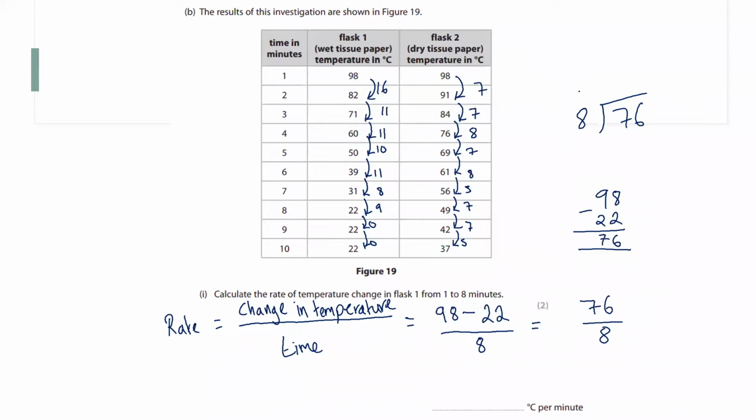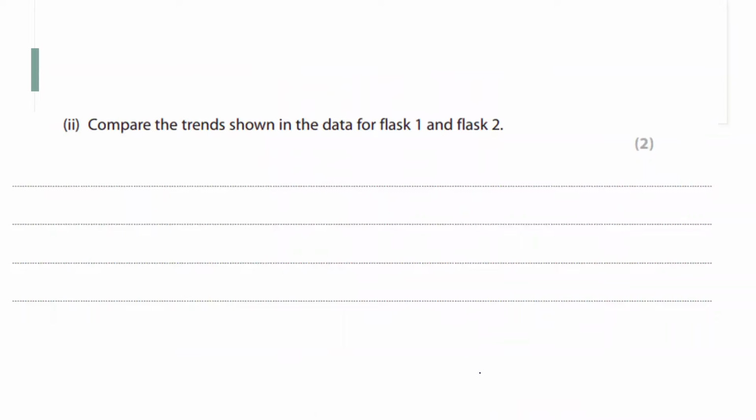Okay, because in the exam we also had a calculator. Yeah, don't worry about sort of mental maths and things like that. 9.5. Yeah, I thought it would be a decimal point by looking at that. So 9.5 degrees Celsius per minute. See, this is why we labelled it, because it's going to ask us this.